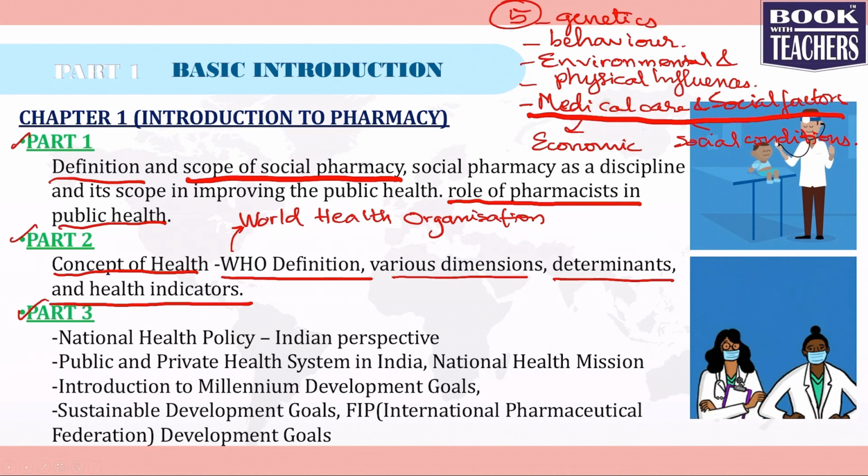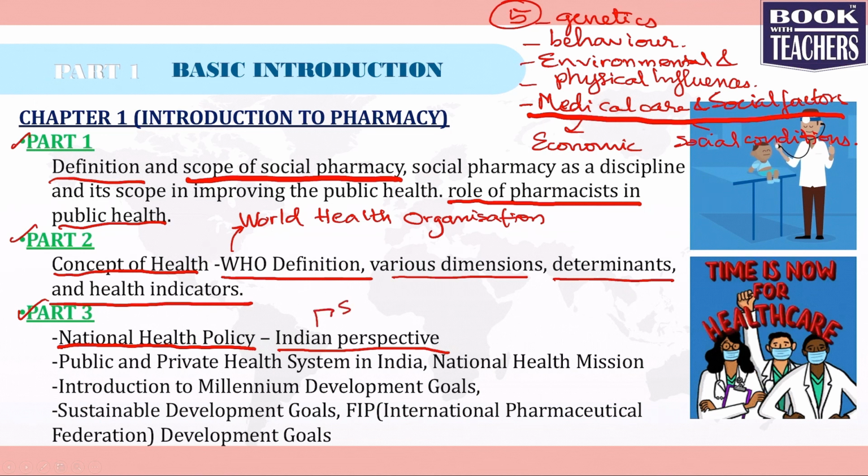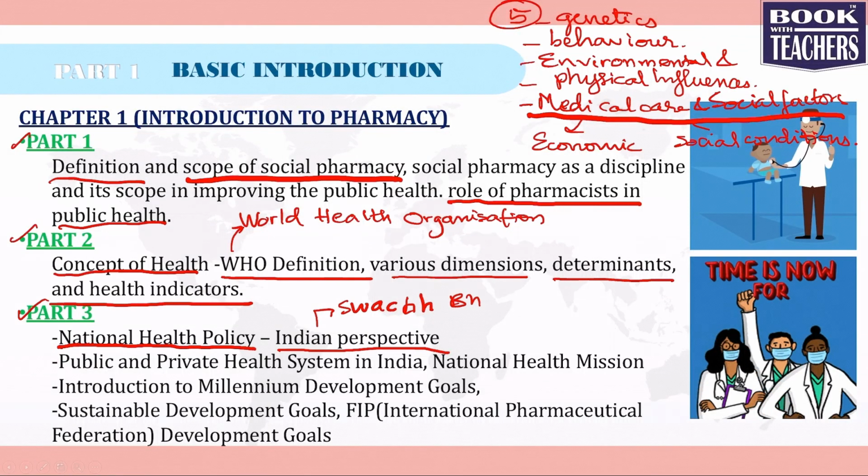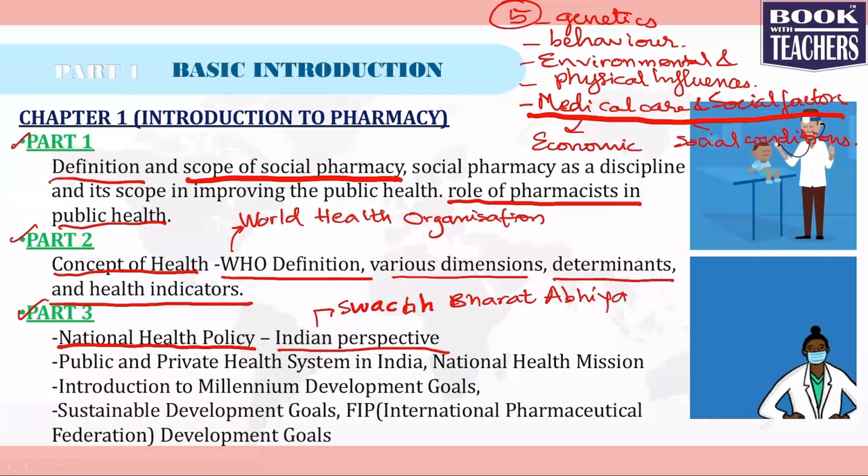Now, next coming to part 3. In part 3, we'll be learning regarding the national health policies, which is an Indian perspective. So now what are national health policies? See, I'll give you an example. You all remember Swachh Bharat Abhiyan? So what was the mission of this?